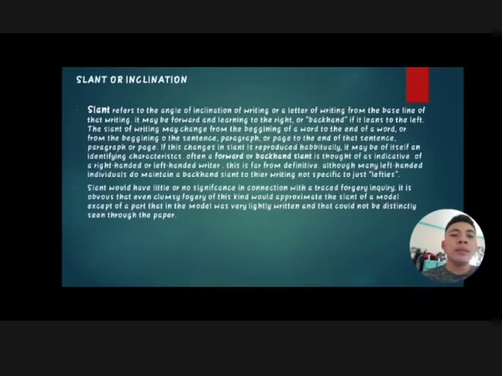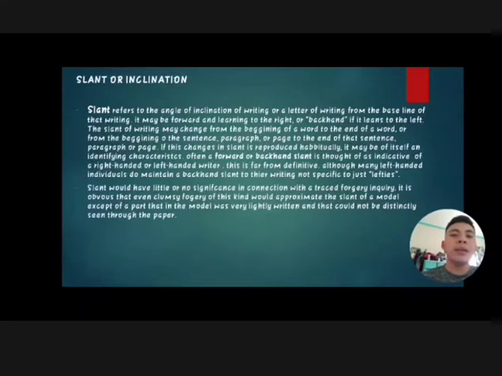meron siyang dalawang types, which is forward slant and backhand slant. Ang backhand slant daw po ay laging ginagamit ng left-handed na mas napapanatili po nila ang paggamit ng backhand slant to their writing.